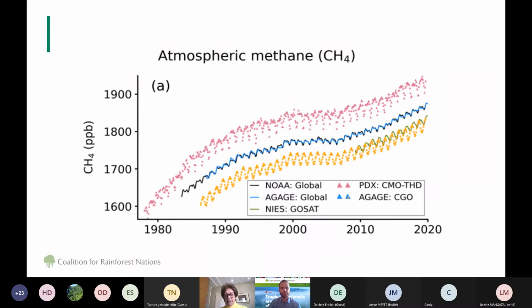So this slide shows the concentration of CH4, and note that the units here of the concentration is different from that used for CO2. There you saw ppm, here you see ppb, which means parts per billion. So 1600 ppb means 1600 molecules of methane in the atmosphere per 1 billion molecules of dry air.